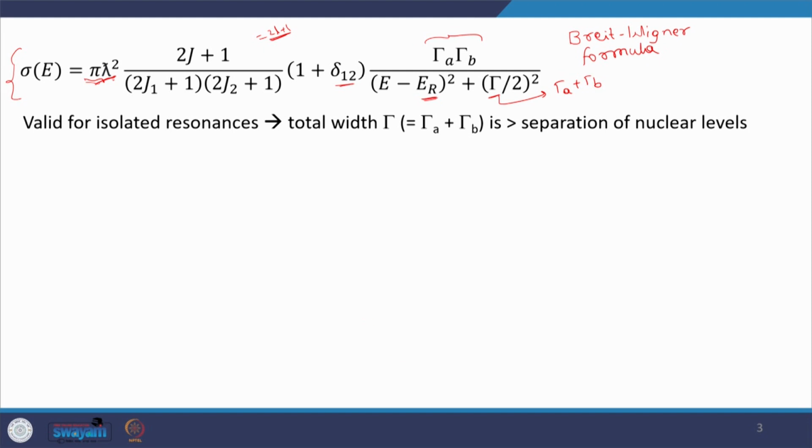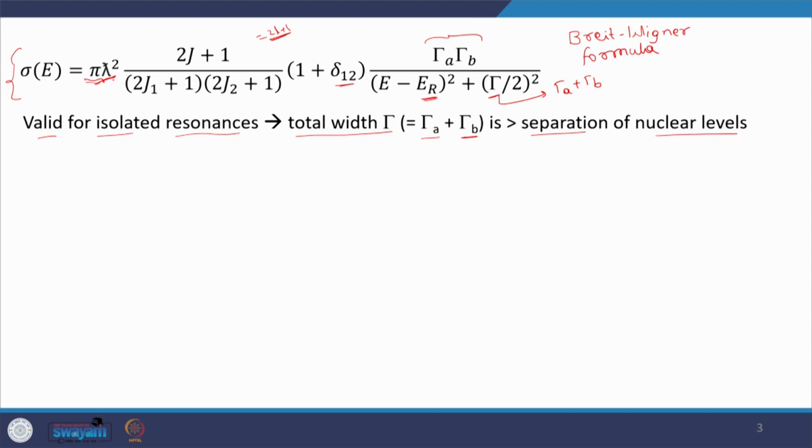See, this Breit-Wigner formula is valid for isolated resonances. So, basically when I say resonant reactions, it has two properties, that is isolated resonances and narrow resonances. When I say isolated, it means the total width, which is the sum of the formation width and decay width, is greater than the separation between the excited states of the compound nucleus.